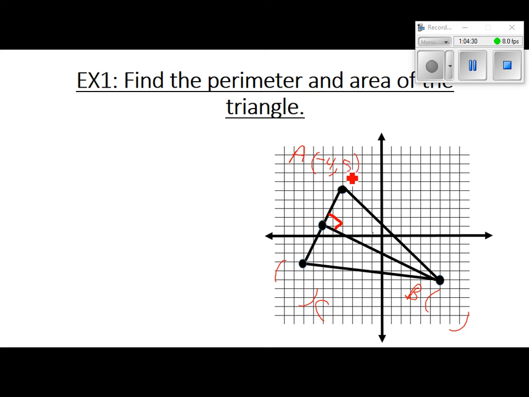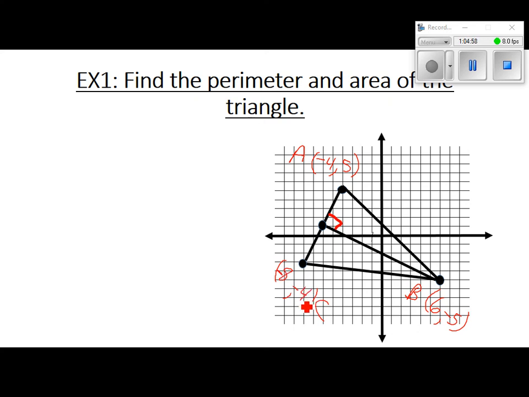How about B, down at the bottom right? 6, -5. How about C? -8, -4.